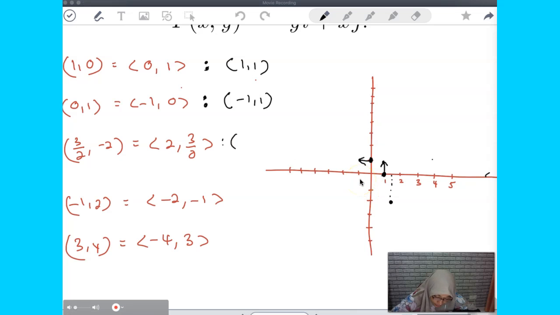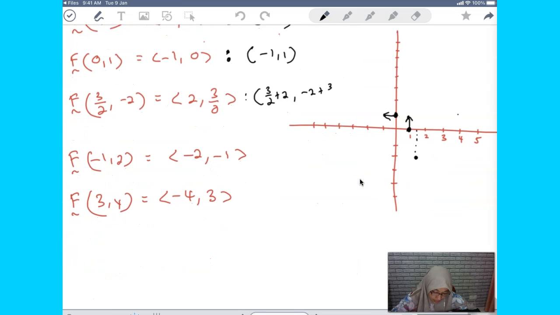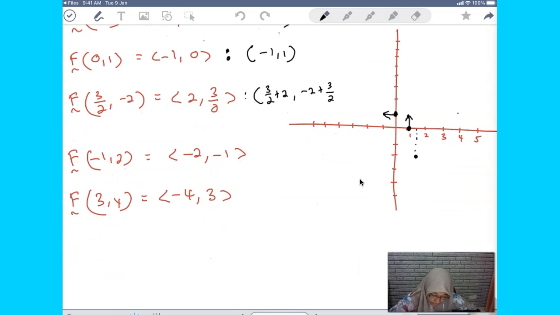And what is the direction of your arrow? So you have to add both points. So you have 3 over 2 plus 2, and then minus 2 plus 3. Is this correct? Yeah, 3 over 2 plus 2.